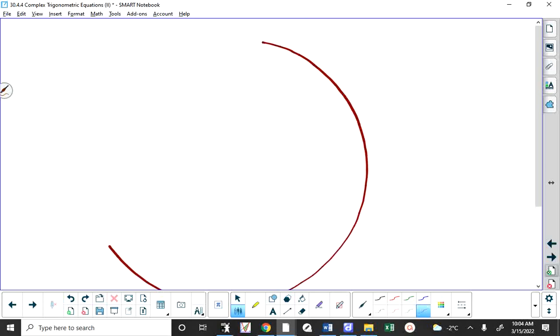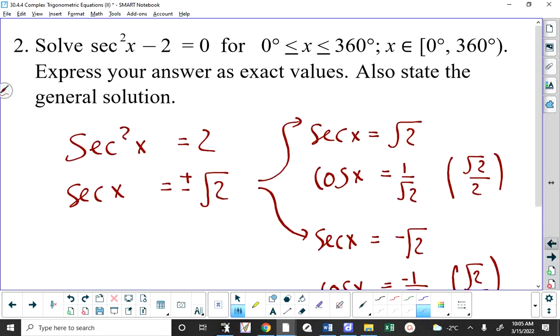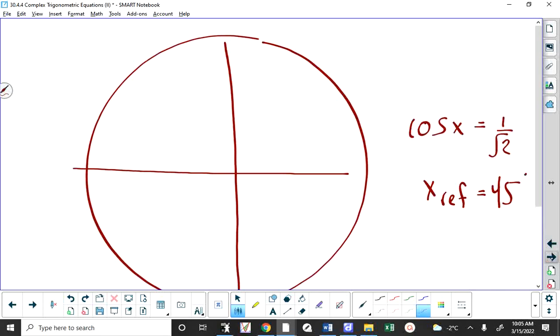I'm going to put all of them on the same circle. For cos of x equals 1 over root 2, the reference angle is 45 degrees. Are we asked to work in degrees here? We are. 45 degrees, and since cosine is positive, it's in quadrant 1 and quadrant 4, where x is positive.